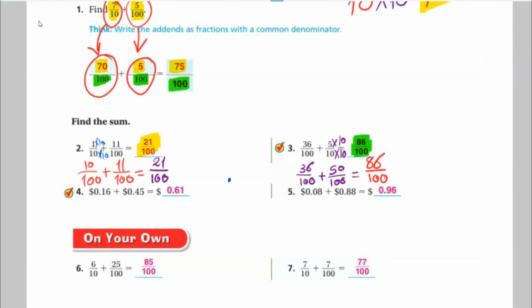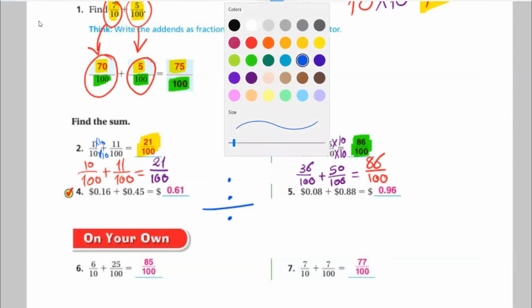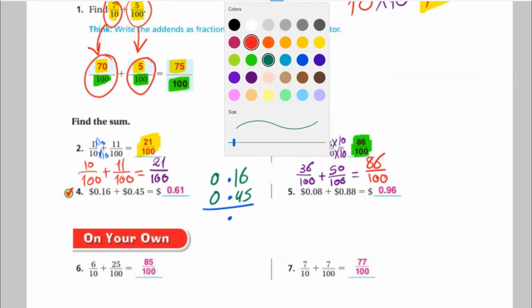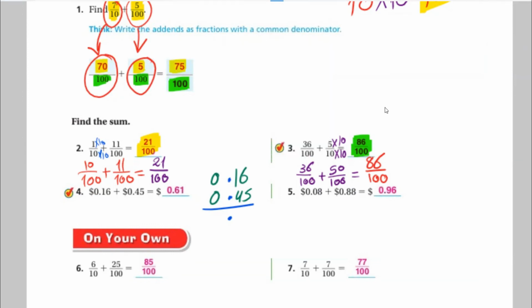First of all, you have to put the decimal points under each other as we learned before. That's the first thing. And then put our numbers, 0.16, and here 0.45. And you have to put them under each other like you see here.